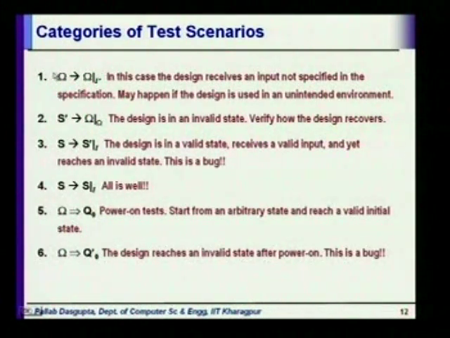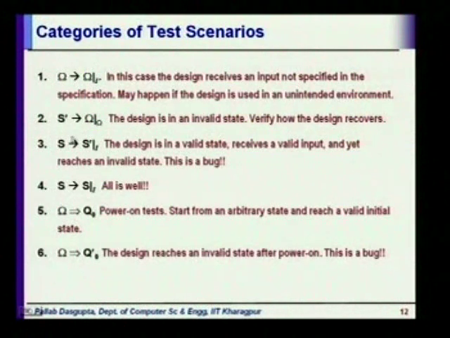The first category of tests is for checking whether the design is able to function properly when some invalid inputs are specified. Now, in reality, invalid inputs can always come, and we want to make sure that the design works in a consistent way when invalid inputs come.